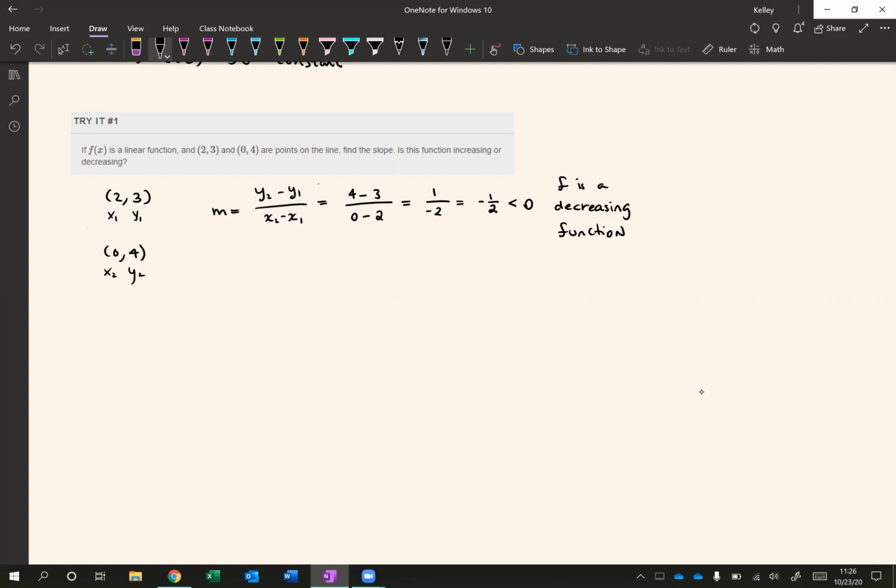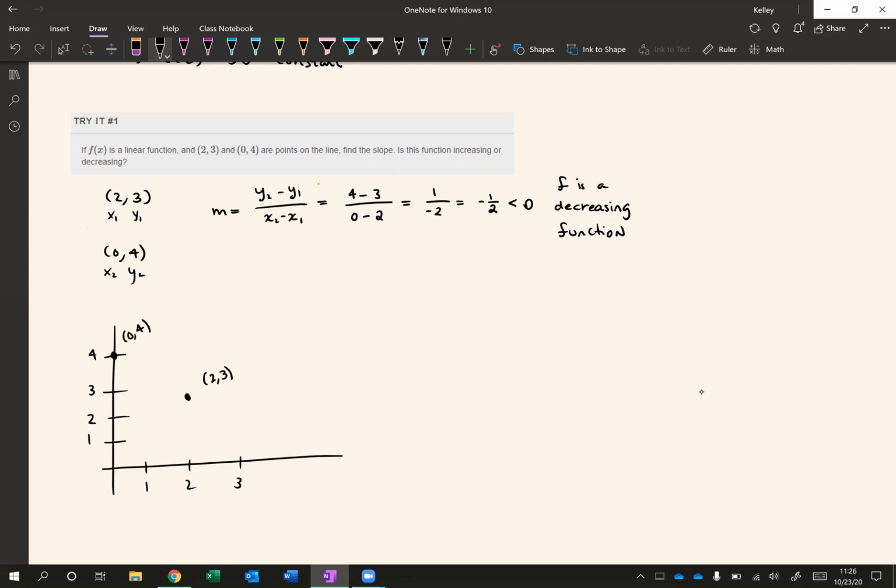To represent this graphically, I can plot my points. So I have 2, 3. And then I also have 0, 4.